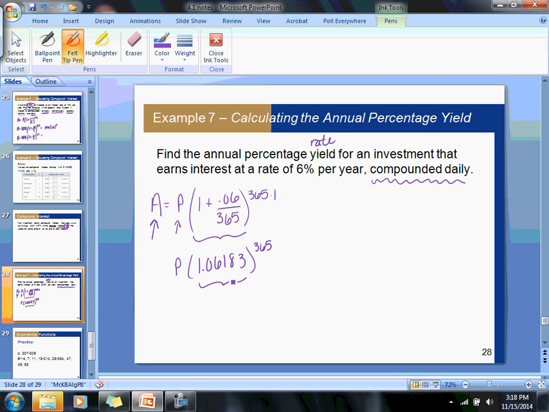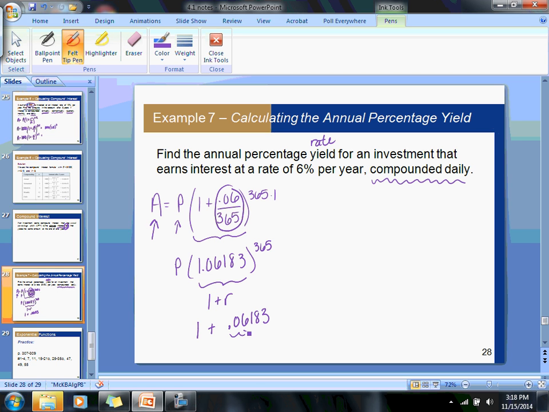Okay, now remember, back a few slides, when we were doing this, we had the 1 plus a bunch of stuff, and this bunch of stuff right here, that's really the rate. This 1 is just a 1 that stays in the equation. Okay, so this part here is really a 1 plus my rate, whatever it is. Okay, so it's really the 0.06183. That's my rate. So here is my rate written as a decimal.